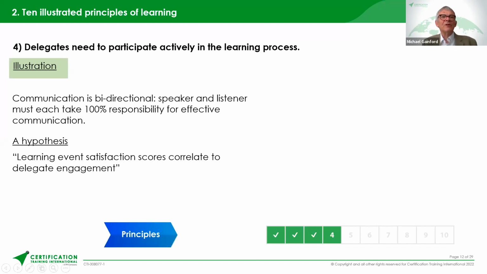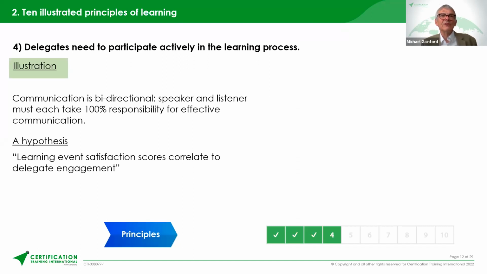So for a bit of fun, I came up with a hypothesis. This is something I believe to be true, but I haven't researched the data. We always get feedback from our courses and our events. And I'm quite convinced myself, but I can't prove it academically, that the satisfaction score correlates to delegate engagement, the degree of engagement.